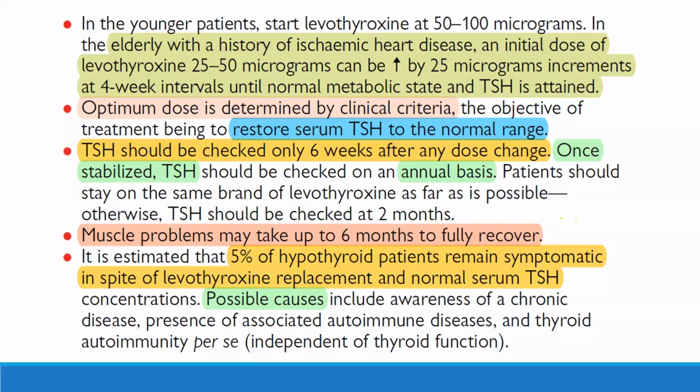Possible causes, because this is a chronic disease, may be another associated autoimmune disease, or thyroid autoimmunity per se, which may cause symptoms that do not improve with levothyroxine treatment.